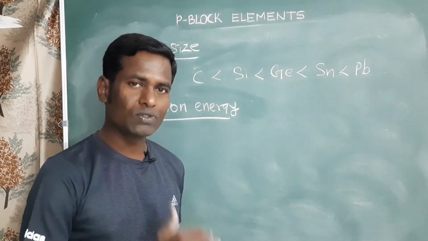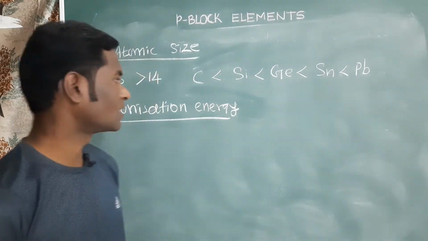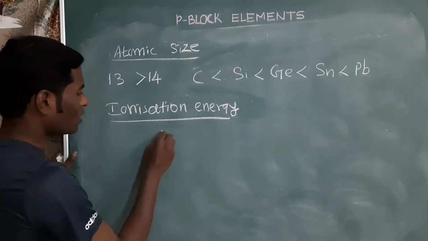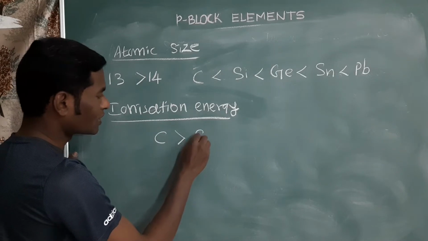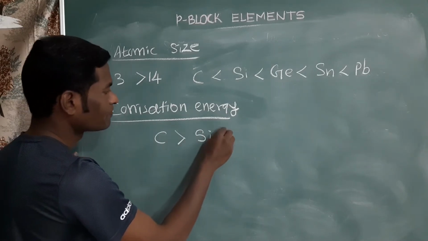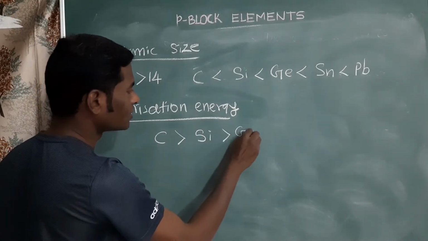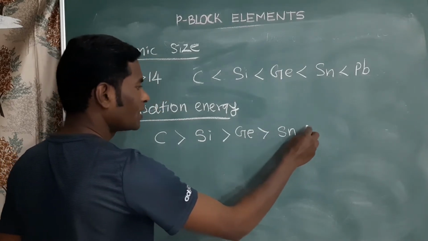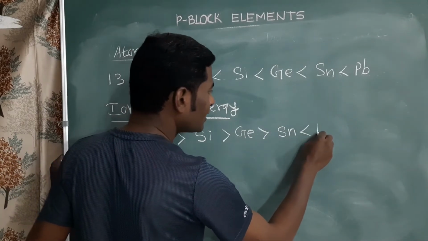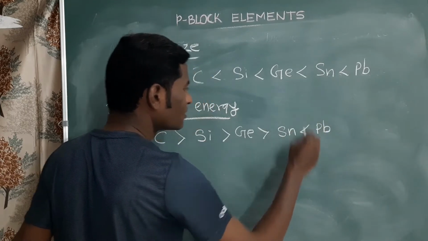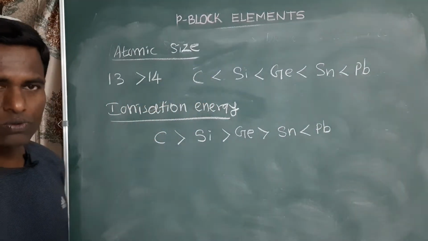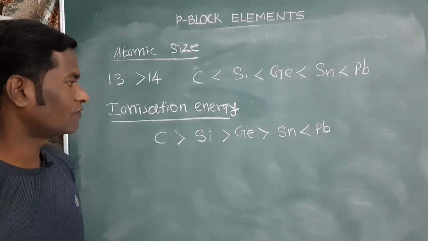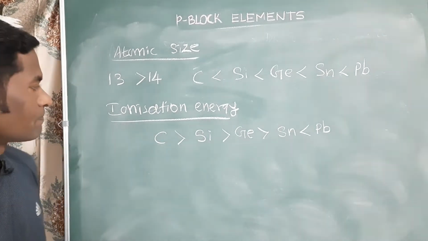So moving down the group, ionization energy decreases. So carbon has more ionization potential when compared to silicon. Silicon greater than germanium, germanium greater than tin. When compared to tin, lead has slightly greater ionization potential due to poor shielding effect of d and f orbitals.